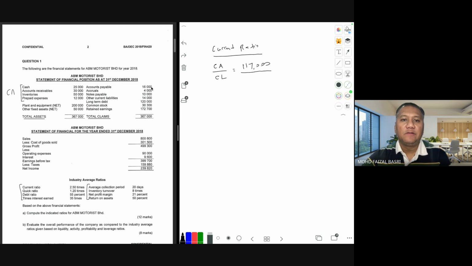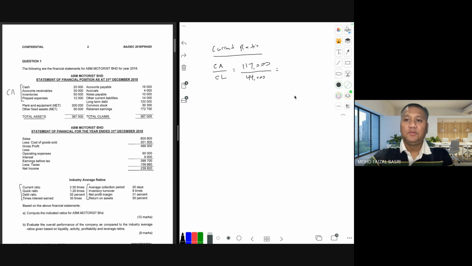And for current liabilities, you add the four on the right hand side: accounts payable, accruals, notes payable, and other current liabilities. So 16,000 plus 4,000 plus 10,000 plus 14,000, giving 44,000. Now you just divide: current assets divided by current liabilities.